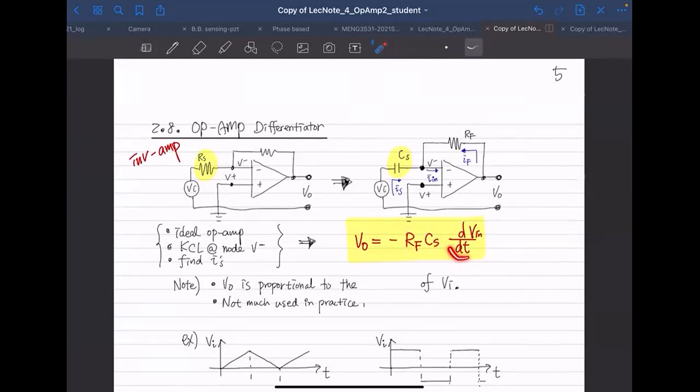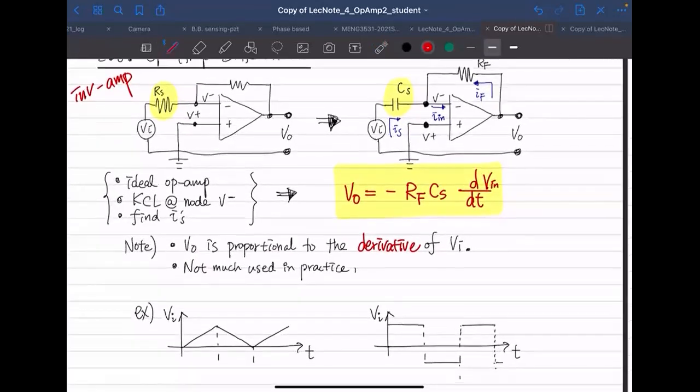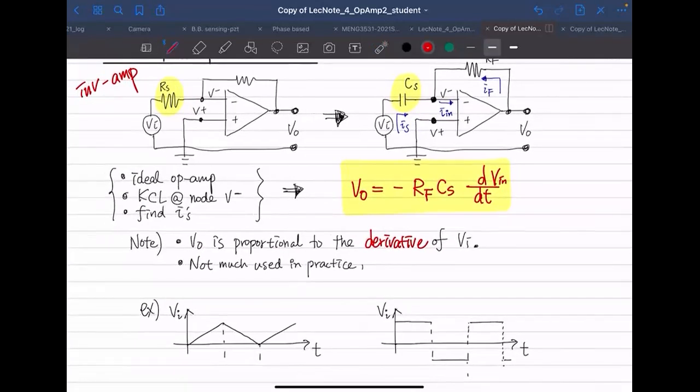So our output is proportional to the derivative. That's the reason why it's a differentiator. And V out is, again, proportional to the derivative of V in. Compared to the integrator circuit, this is not much used in practice.